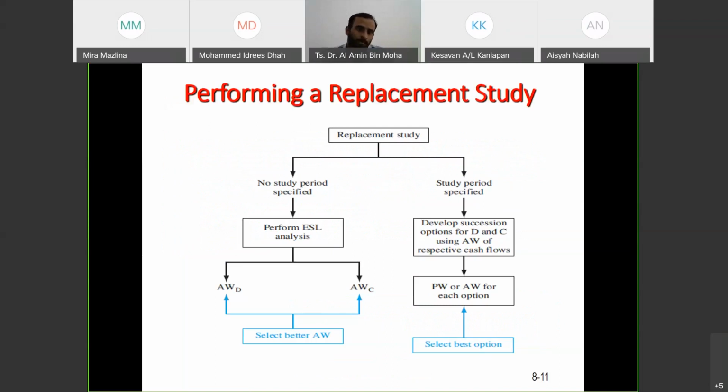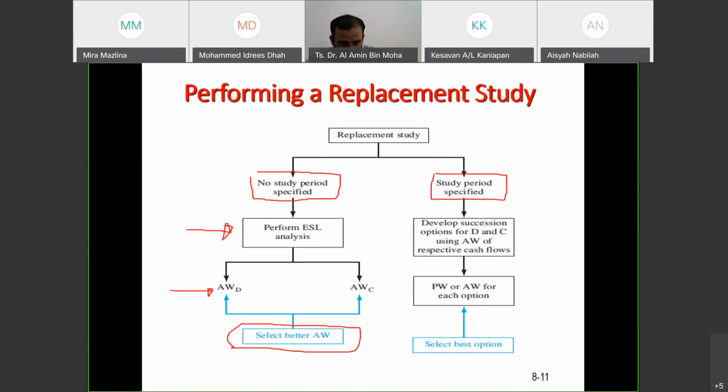Okay, so now it's about performing a replacement study. For replacement study, we have no study period specified, and we have study period specified. If there's no study period specified, we need to perform the ESL analysis, like what we did just now. We calculate the AW, and then we select the better AW.